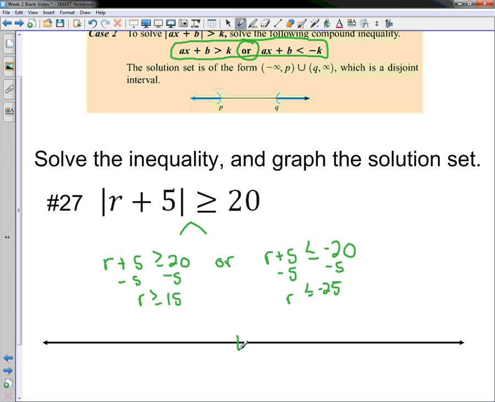I'm going to go up by 5s on this one, just to get to 15. Well, greater than or equal to 15 is a bracket at 15 to the right. And then we'll go to negative 25. And we want less than or equal to negative 25, which is left.